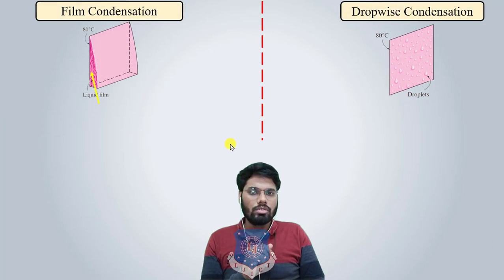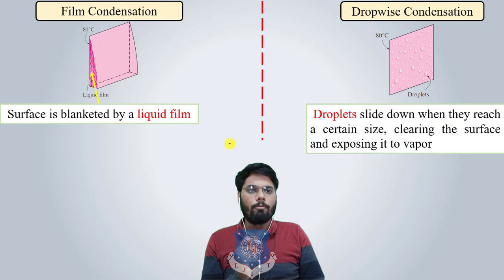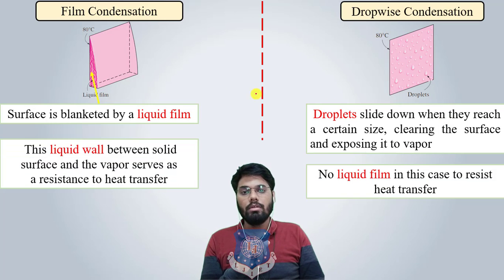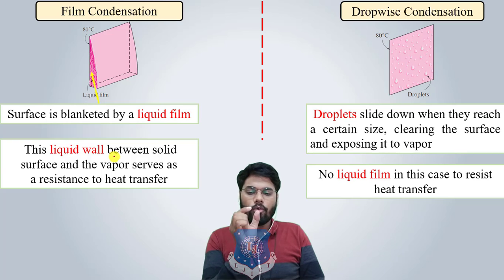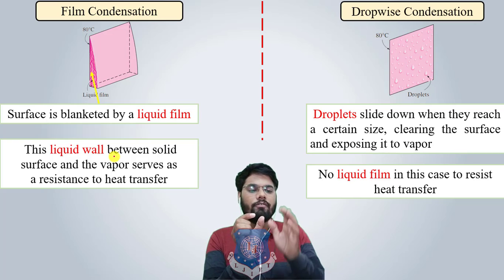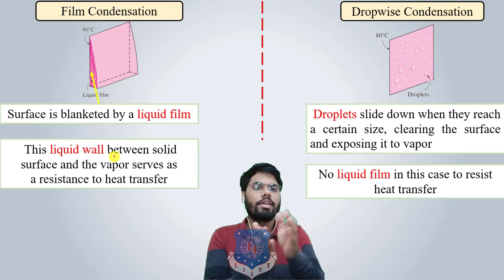Now let's compare film condensation and drop-wise condensation. In film condensation, the surface is blanketed by a liquid film. In drop-wise condensation, droplets slide down when they reach a certain size, clearing the surface and exposing it to further vapor. Here the liquid film between the solid surface and the vapor serves as a resistance to heat transfer.